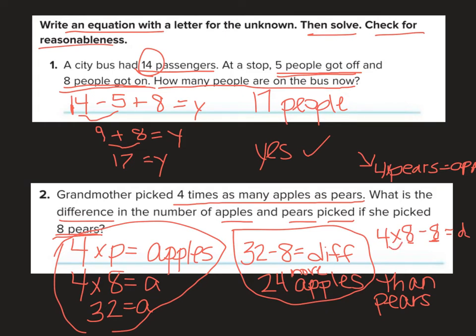So if I do this here, I would get 32 minus 8, and then I could get 24 equals D. And D just stands for the difference. So this would be the better way to do it. Okay, next one.